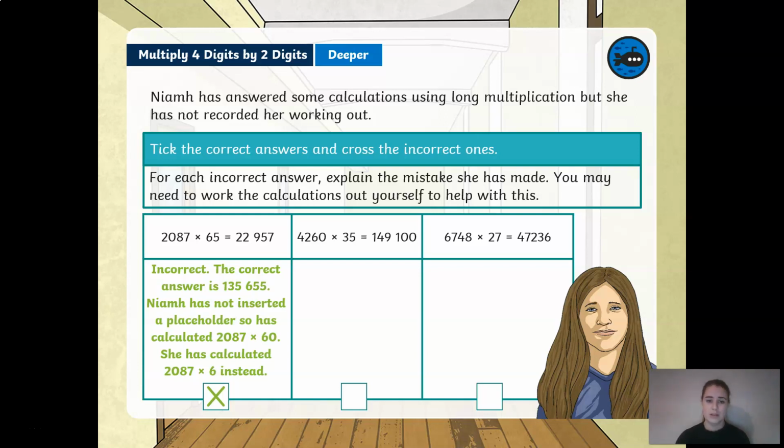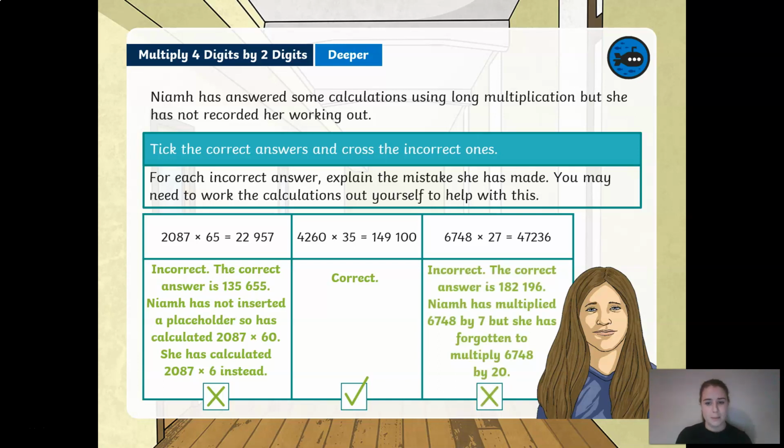Now, the second one is indeed correct. Okay, so she had managed to make sure she'd done 4,260 multiplied by 3 and multiplied the same number by 5. So we hadn't made any mistakes and we'd remembered our placeholder. Now, the third one is also incorrect, but for a different reason. Okay, now the answer should have been 182,196.